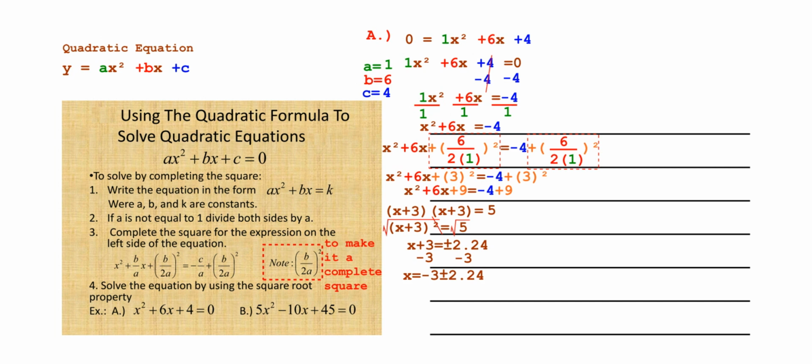Notice I just shifted the location of the 3, but it's still subtracting on the right side. Now do realize the plus or minus implies I have 2 possible answers. So I can go x equals negative 3 plus 2.24, and I can also go x equals negative 3 minus 2.24. So notice that 2.24 can either be positive or negative.